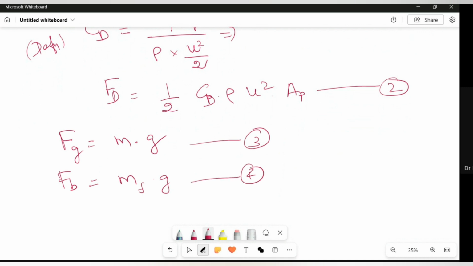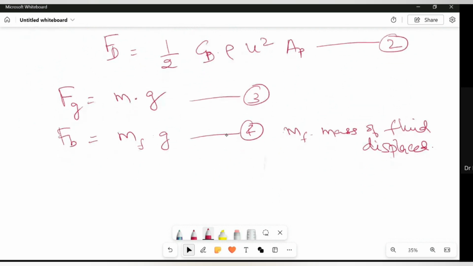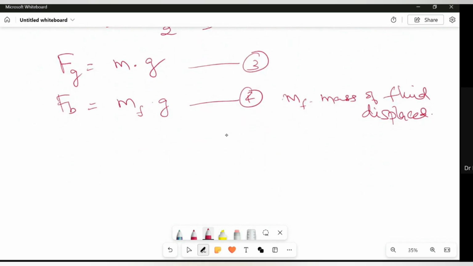What is mf? F refers to the fluid, so mf is the mass of fluid displaced. Remember, by Archimedes principle, the volume of fluid displaced is equal to the volume of the particle.